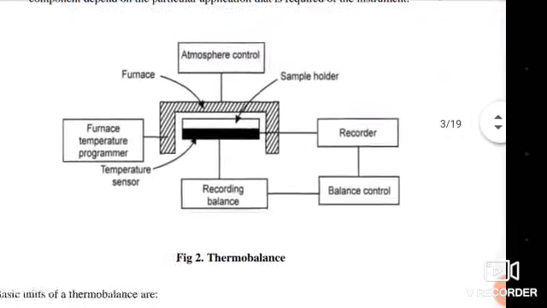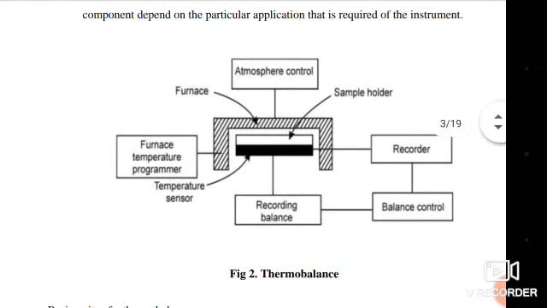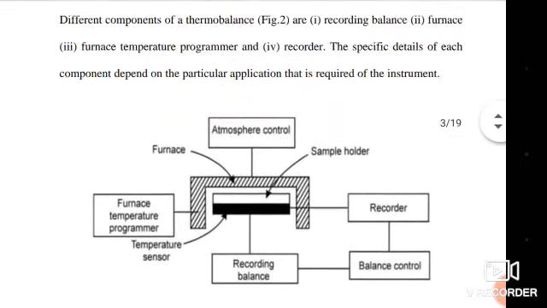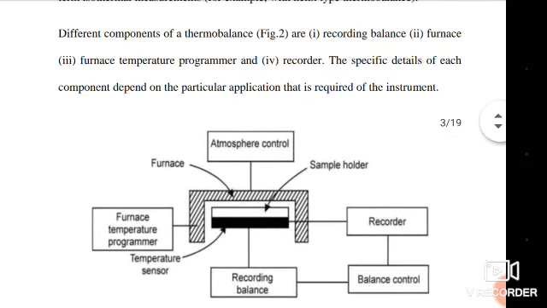So different components of the thermobalance are shown here in the figure. What are the different components of that thermobalance? One is the recording balance, second one is the furnace, third one is the furnace temperature programmer, and fourth one is a recorder.